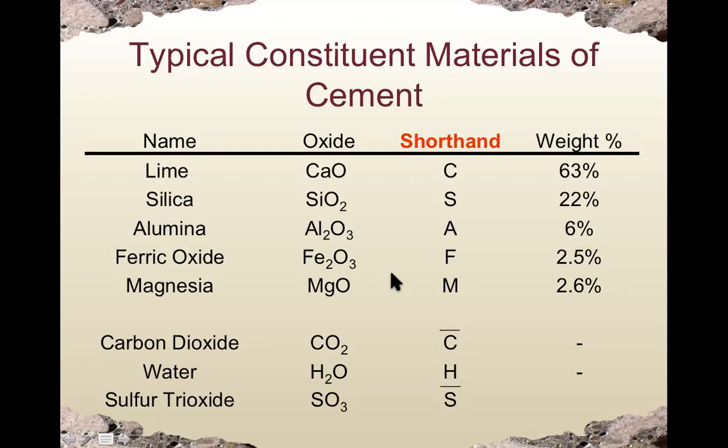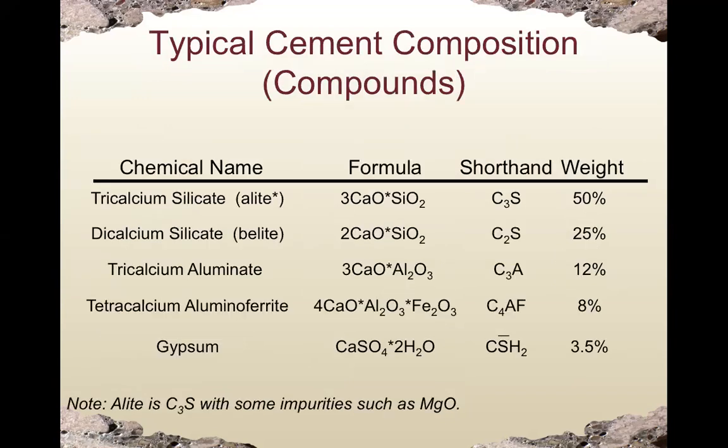This is an important slide. Based on that, we have the typical cement compounds. A compound is a combination of 2 or more of the oxides we discussed earlier. The most important compound is tricalcium silicate. The formula is 3 parts of calcium oxide with 1 part of silica, and the shorthand is C3S.